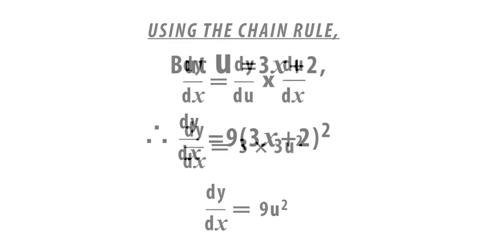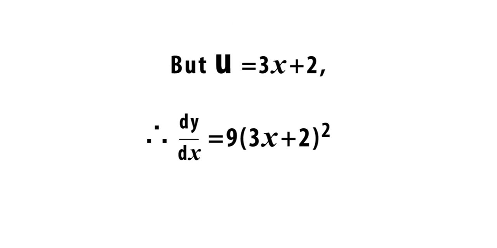But remember that u is equal to 3x + 2. That was what we substituted for u, so we will replace this. Therefore, dy/dx equals 9(3x + 2) squared. I hope you understand. Good.